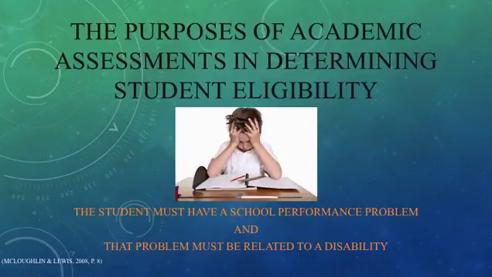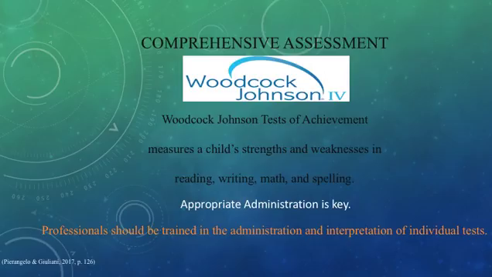Everyone in this room has had a student that has or has had school performance problems. In order to qualify for special education services, we must prove that problem is related to a disability. Assessment for special education is foundational for the success of identification, placement, and programming for children with special needs.